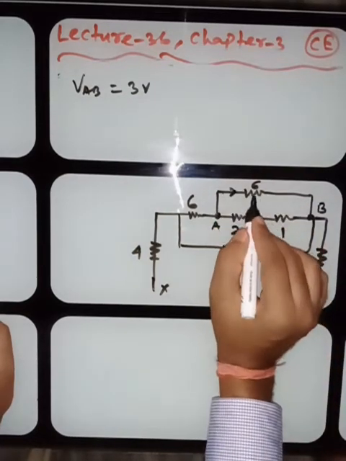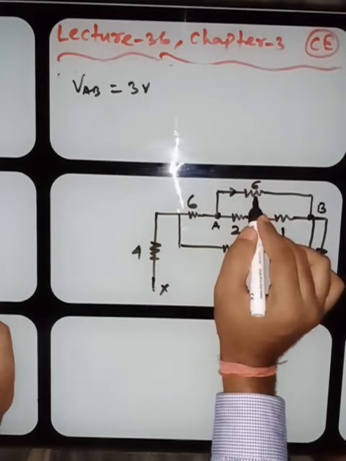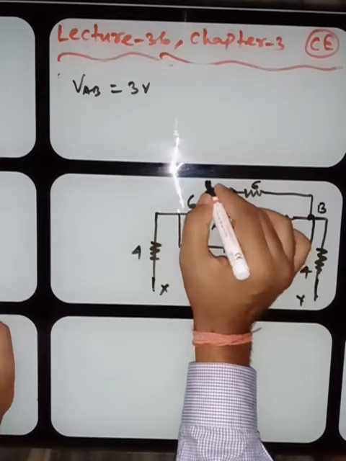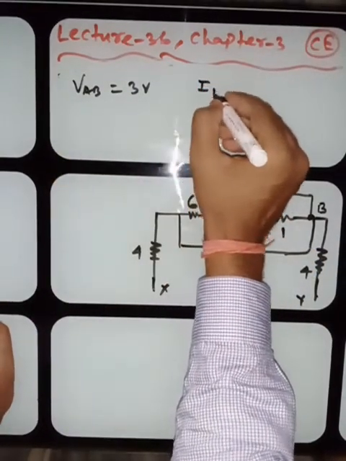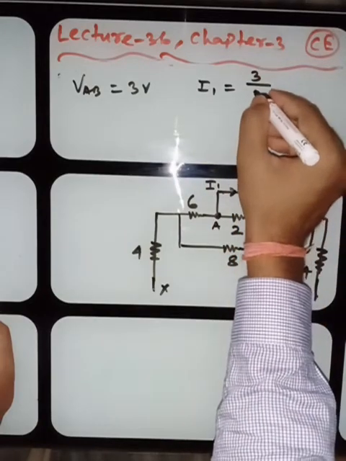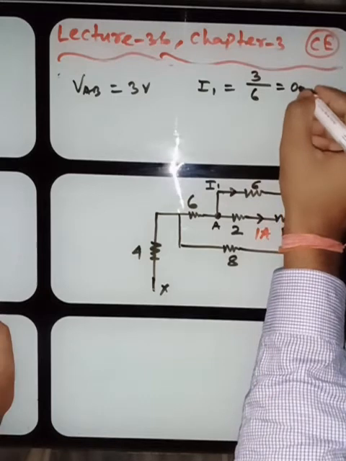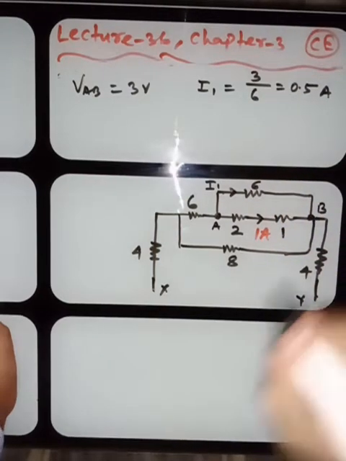If we have the potential, 3 volt, and the resistance, then we can find the current. Suppose this is I1. What will be the value of I1? It is V by R, and V is 3 and R is 6. It means 0.5 ampere, 1 by 2 ampere.